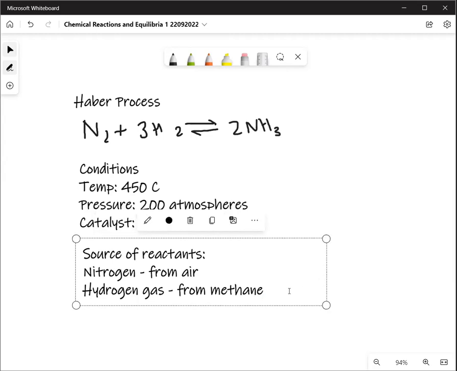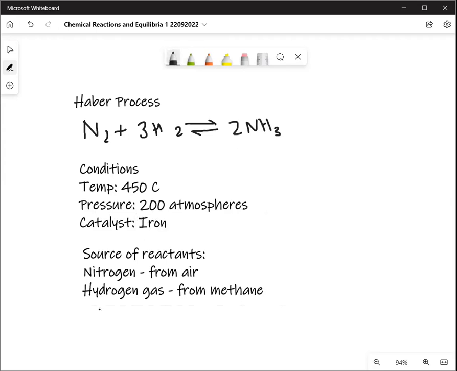Is that clear? Please write this down as well. Now, if you can memorize all of these, you can answer almost all questions in the exam. We'll practice that later.